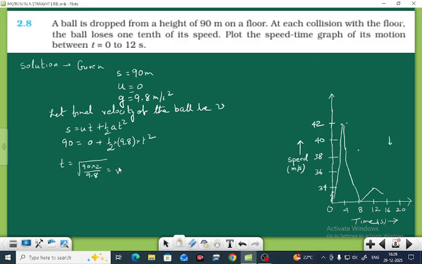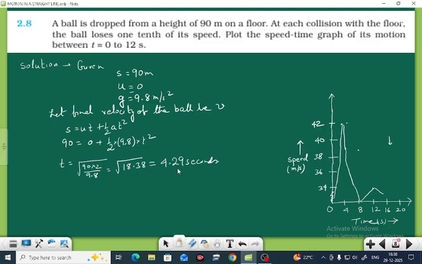If we divide 90 into 2 by 9.8, we get 18.38, and the square root of 18.38 is 4.29 seconds.